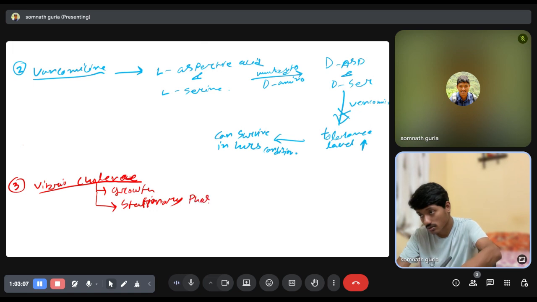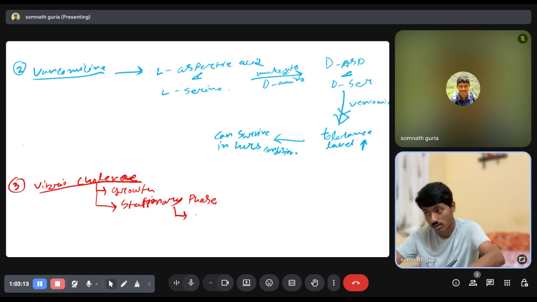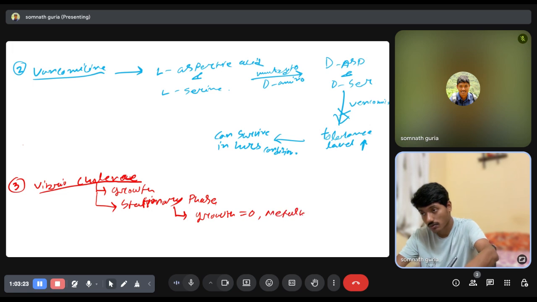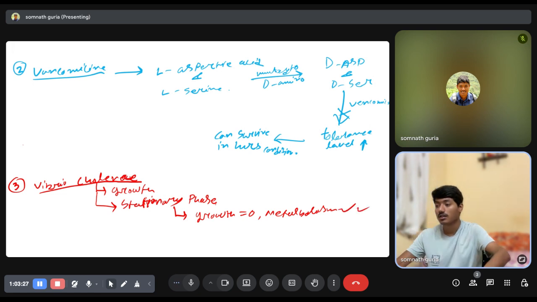In the stationary phase, growth will be stopped. Growth will be zero; only metabolism will be there.